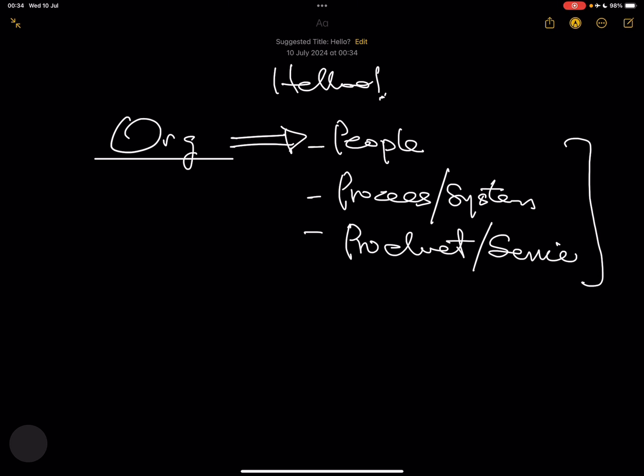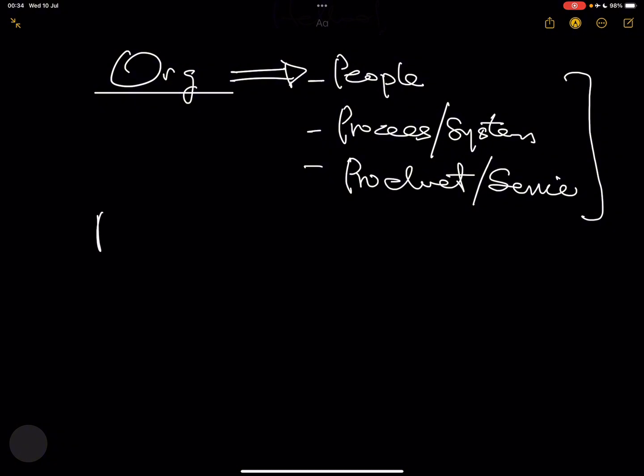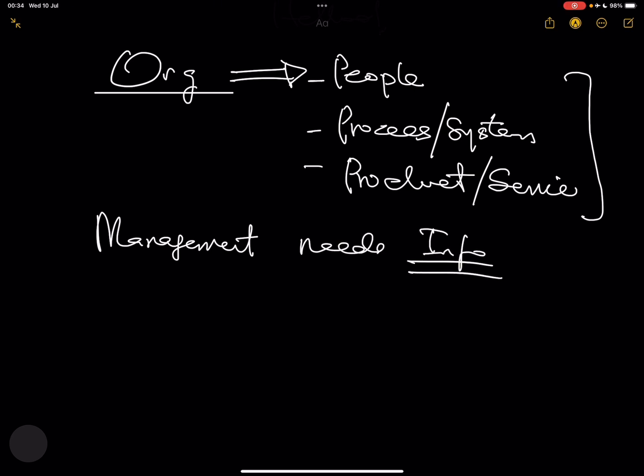And in order to pay attention to all of this, management will need information. So management needs information to do well on those areas. And what type of information? Different types of information, qualitative information, quantitative information.